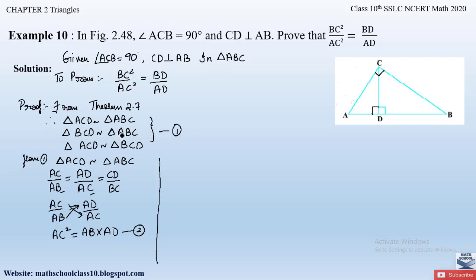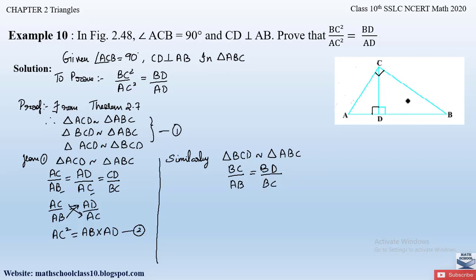Now similarly, let us write down the corresponding ratios in triangle BCD and triangle ABC. Since triangle BCD is similar to triangle ABC, in triangle BCD, right angle is at vertex D, so hypotenuse is BC, divided by hypotenuse of triangle ABC, AB, equal to the base in triangle BCD, BD, divided by the base in triangle ABC, let us take BC now.